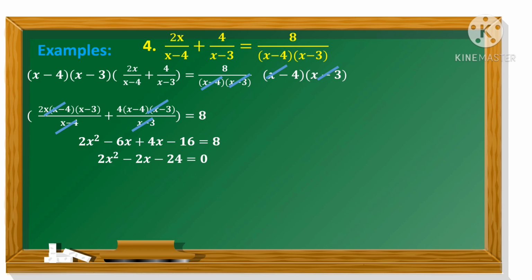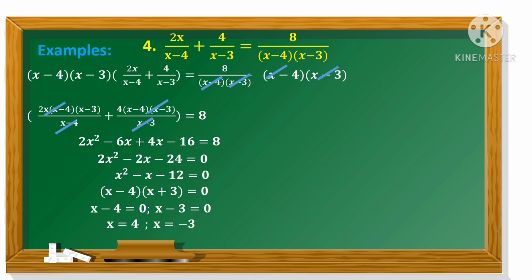So we can reduce the equation to make the equation simple. So you have x squared minus x minus 12 equals 0. What did we do? We divide each term by 2. So then we get the factors of x squared minus x minus 12 equals 0. So we have x minus 4 times x plus 3 equals 0. Then equate to 0, then solve for x.